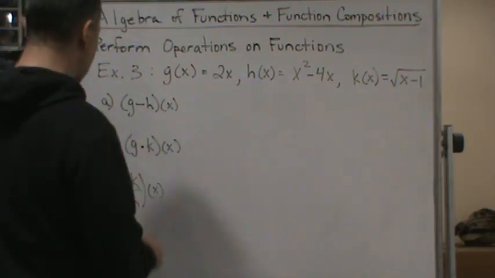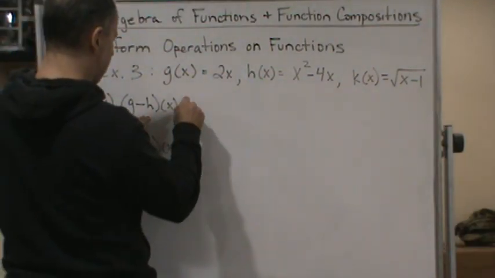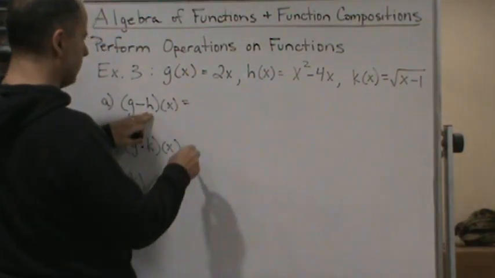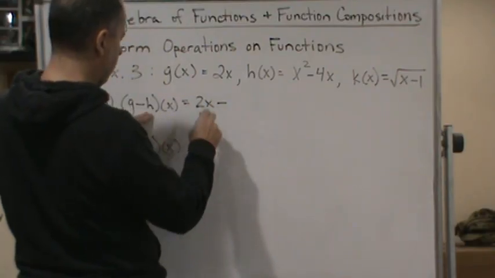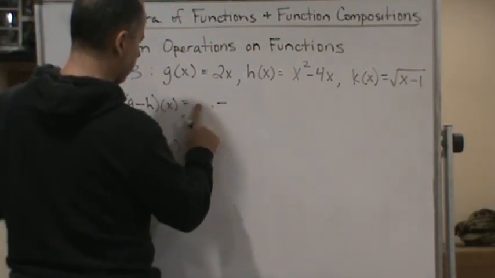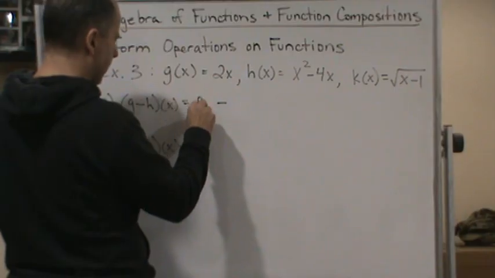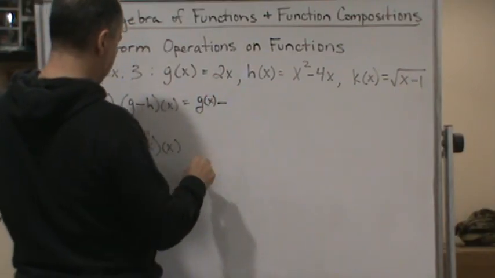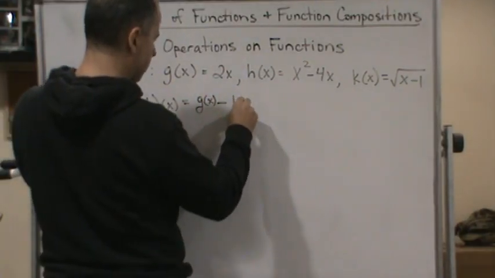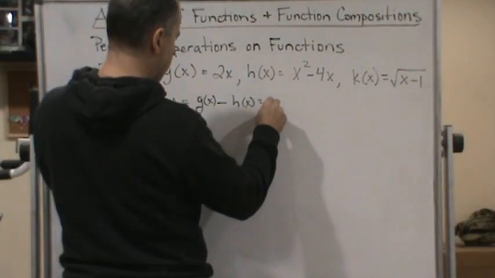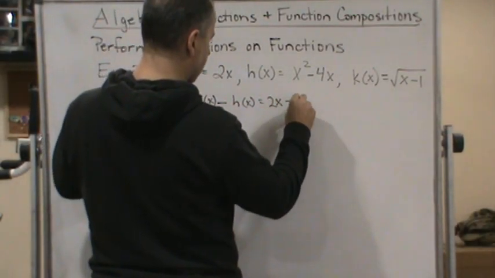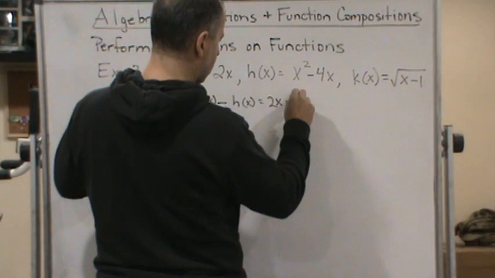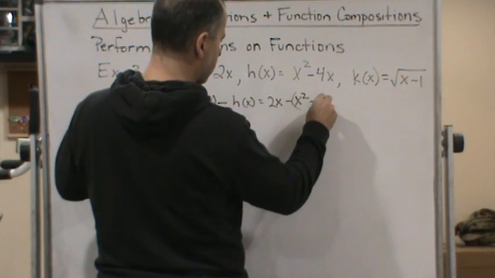All right, so g minus h of x is going to be, well, let me do it in two steps. So g of x minus h of x, which equals 2x minus the quantity x squared minus 4x.